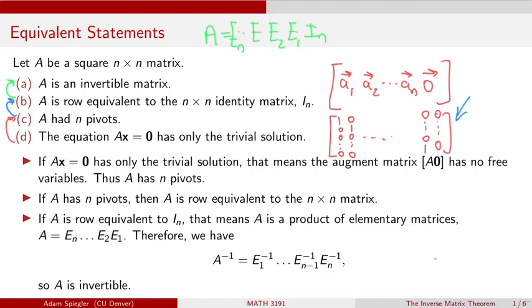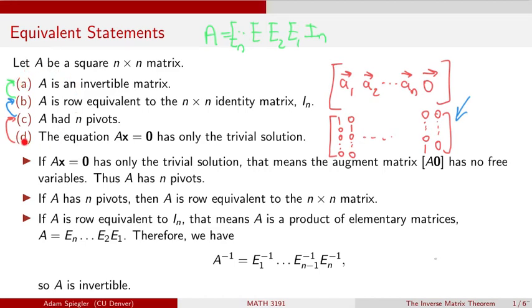So at this point, what we've shown is that statement D implies statement C implies statement B implies statement A. So if D happens to be true, then all of these other statements, C, B, and A, are true. If D is not true, then C, B, and A are not true. What I'd like to show is that if A is true, then that's going to imply that D is true.